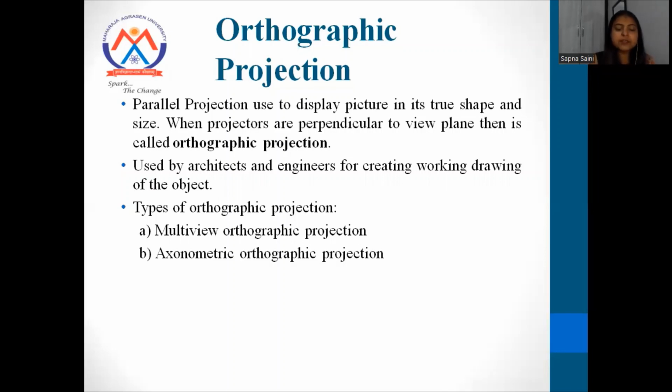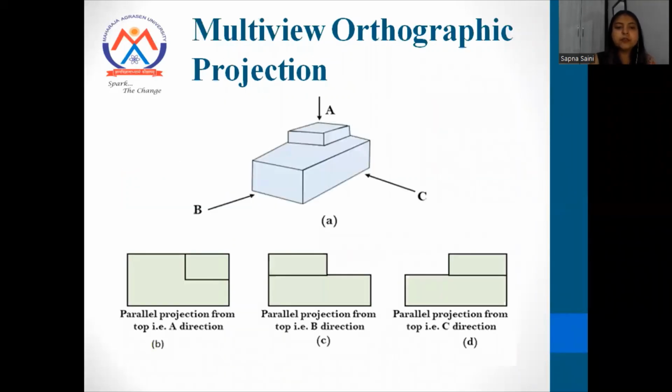Orthographic projection is further of two types, that is multi-view and axonometric orthographic projection.